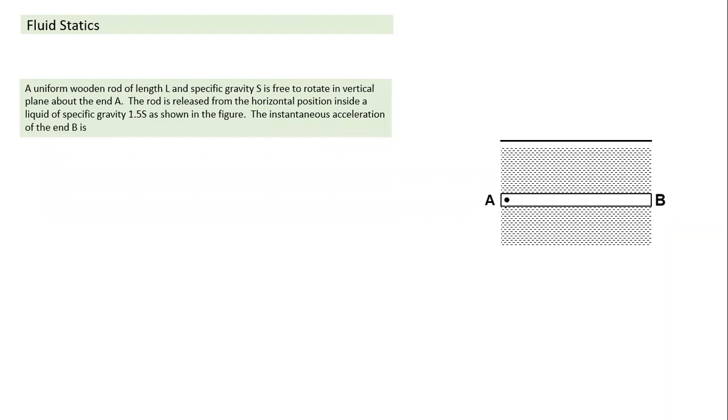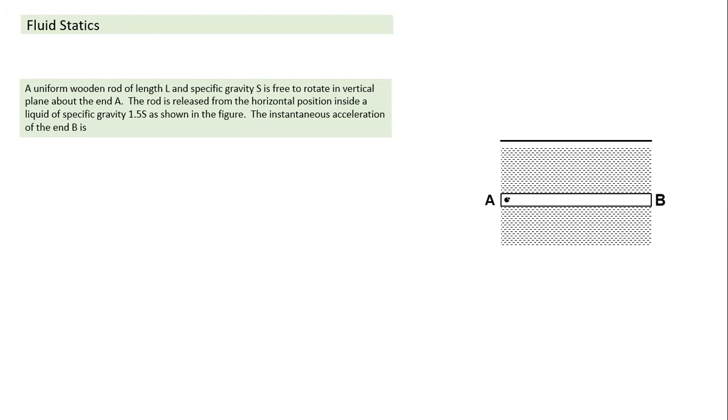Okay, this is one question I've taken up. Basically, everything you've done so far can be converted into an equivalent fluid mechanics question. There's a uniform wooden rod of length L, specific gravity S, free to rotate in a vertical plane about end A. This is a hinge, it can rotate in a vertical plane.